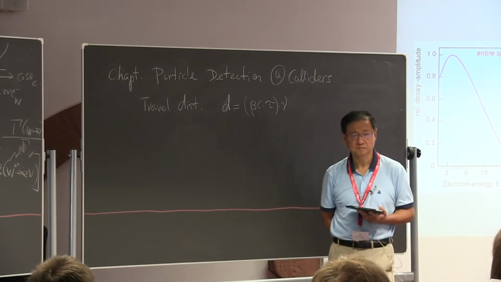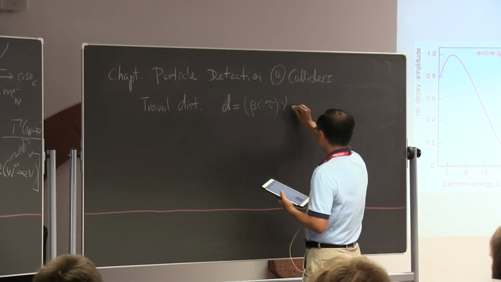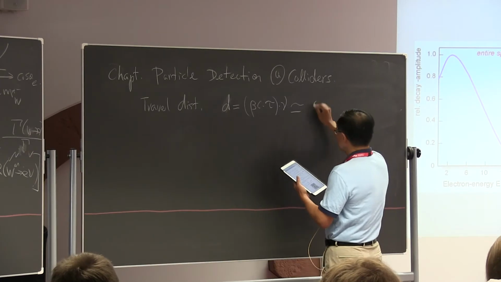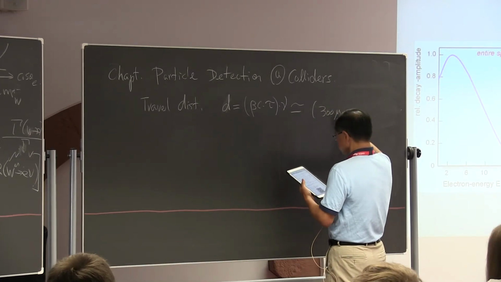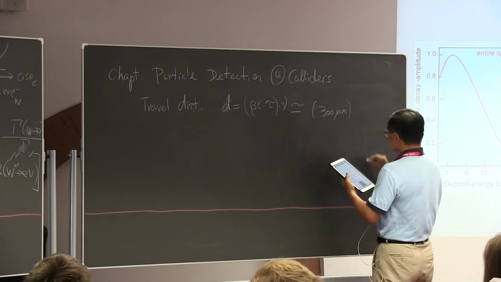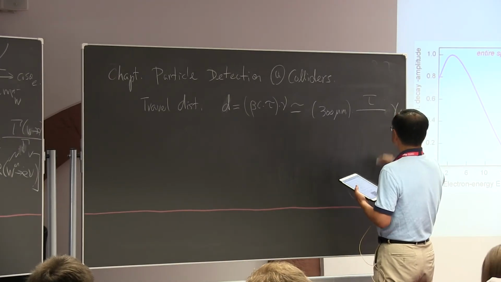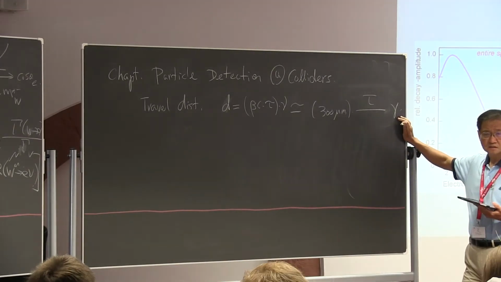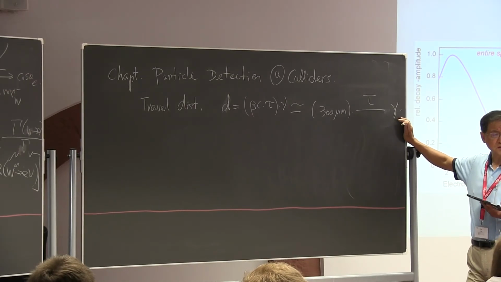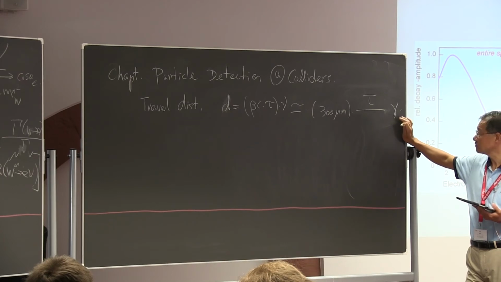So we normalize these two, and the convenient number is approximately 300 microns. And then the tau and your gamma factor. This gamma factor can be large. 1 is slow, non-relativistic. 10 is possible, even larger than 10. 100 is also possible, depending on how fast this particle is moving. Okay, so that's the tau.